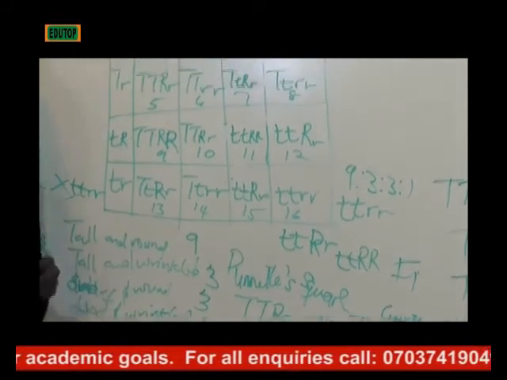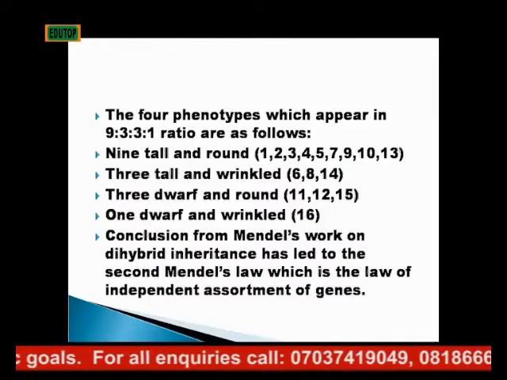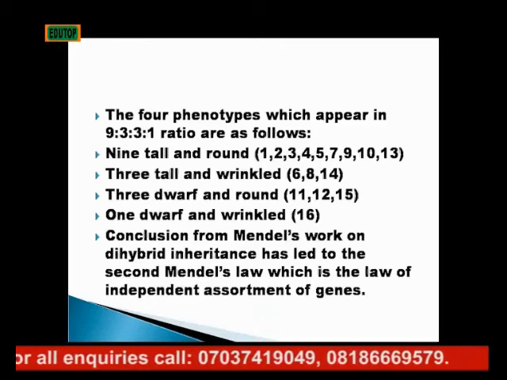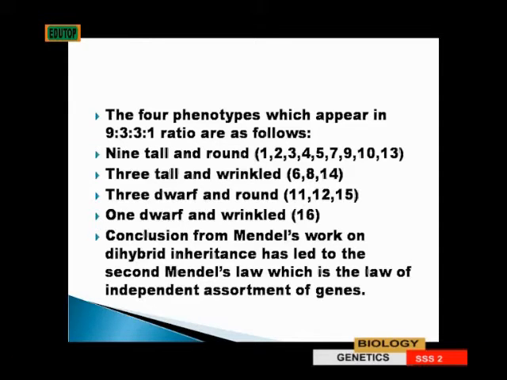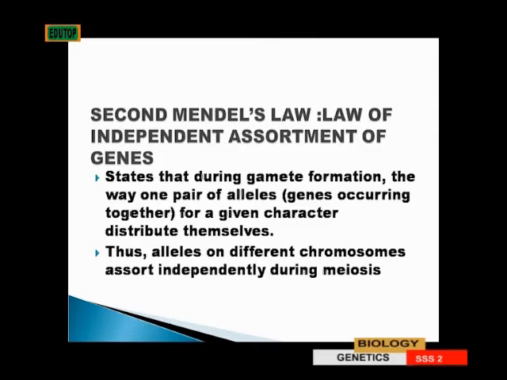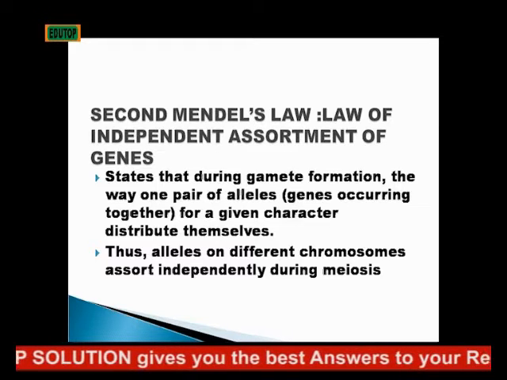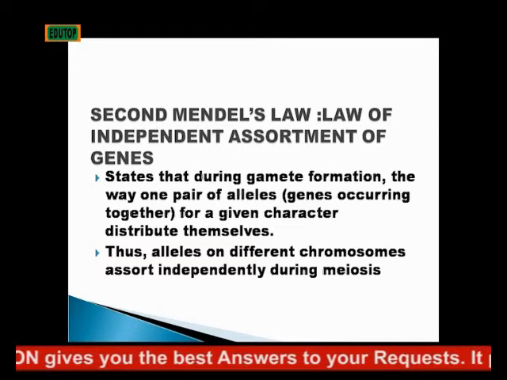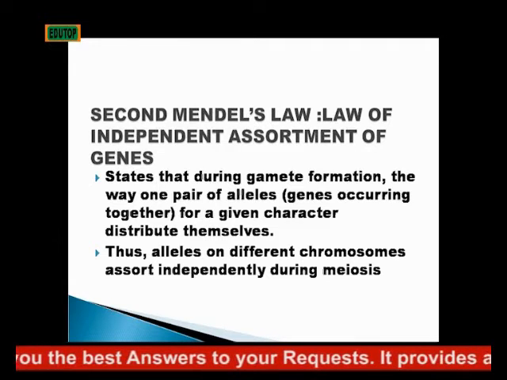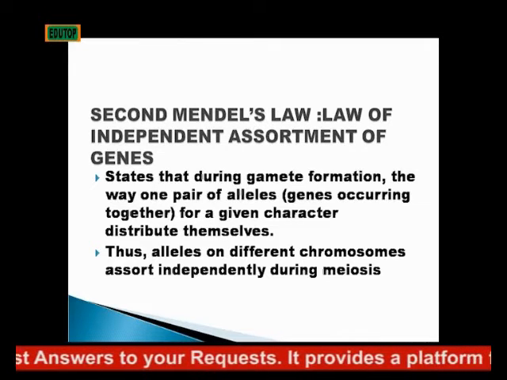So the conclusion from Mendel's work on hybrid inheritance has led to the second Mendel's law, which is the law of independent assortment of genes. That law states that during gamete formation, the way one pair of alleles, that is genes occurring together for a given character, distribute themselves, there is just random mixing.